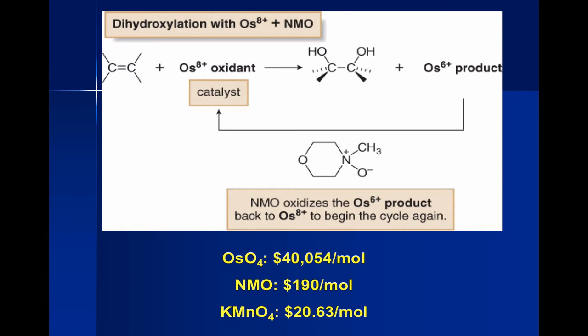And that's true, it's the cheapest. The problem is that it's difficult for us to control this reaction, because if it warms up with the potassium permanganate, you get other products. Osmium is well behaved, and the chemistry is much more well behaved than the potassium permanganate chemistry. But nonetheless, if you're careful, you can do the potassium permanganate chemistry fairly easily.